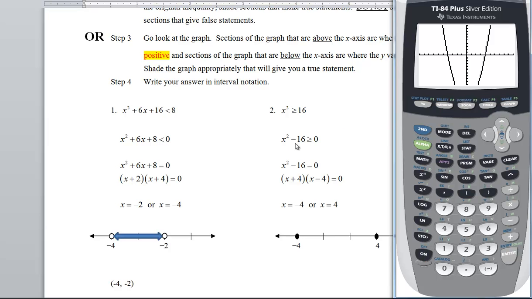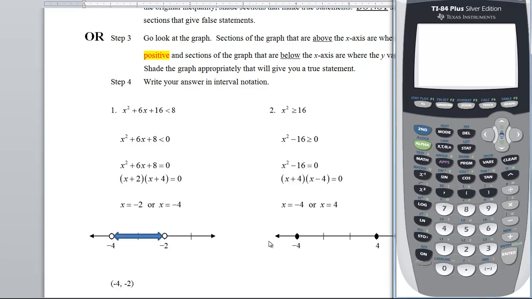Now, I want this side. Think about this. This side has got to be greater than or equal to 0. For it to be greater than or equal to 0, it's going to have to be positive. Well, on my graph where it's positive, it looks like it's positive to this side of -4 and to this side of 4.